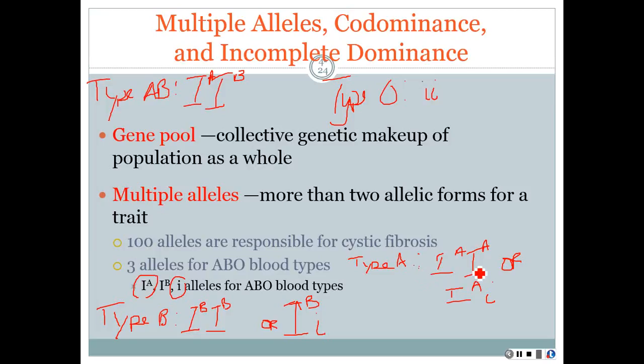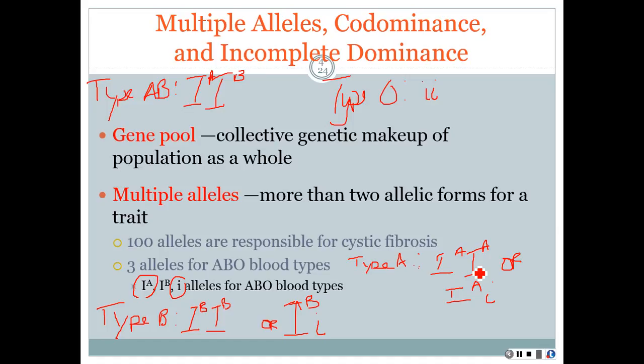Now, the two dominant alleles for the ABO blood types are examples of alleles that are equally dominant, or codominant. Now, the A and the B alleles code for enzymes that produce different surface glycolipids on the red blood cells.